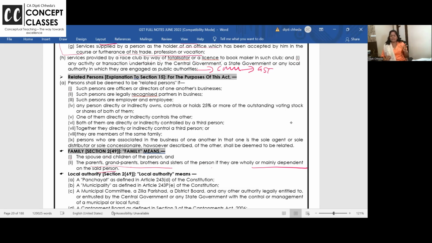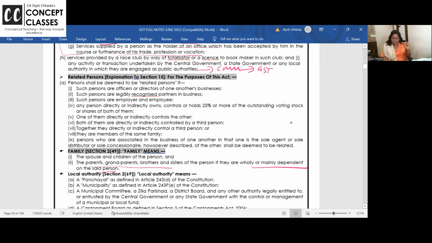It's that important in case of companies and directors. So related persons for GST purposes: such persons are officers or directors of one another's business. I am the director of another company, or I am the director here but the employee in the other company. Then such persons are officers or directors of one another's business.